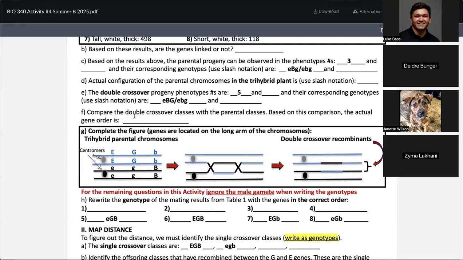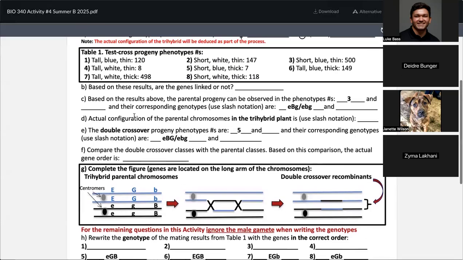But in terms of this part, I haven't read through it, but you said this can be the most confusing part. Basically it's within this first table that you figure it out. Yeah, the first table up here.